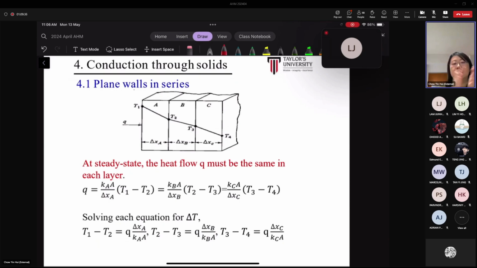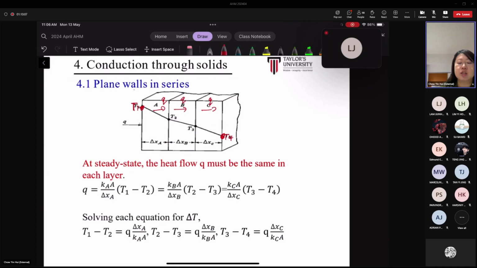So the heat conduction then is through composite plane walls in series. If the temperature at each surface remains constant, say T1 at this surface and T4 at the outer surface, constant through time, then the rate of heat transfer through each layer, denoted by Q, will be constant.